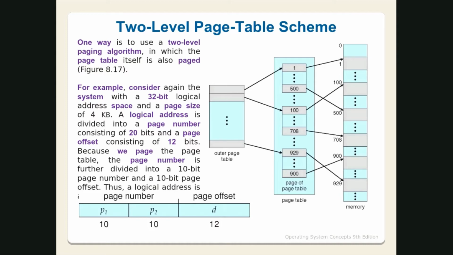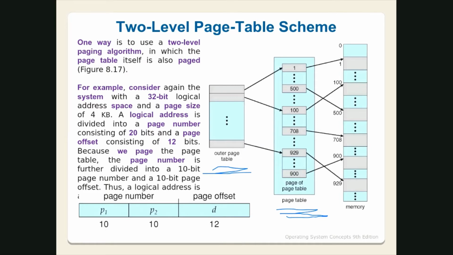So what is this two-level? You may see here the outer page table, and the one broken into the second level. The first level and second level page table. Can you see here? This is one level and this is another level. So the outer page table contains the whole list of pages.